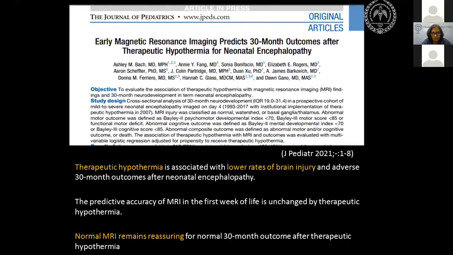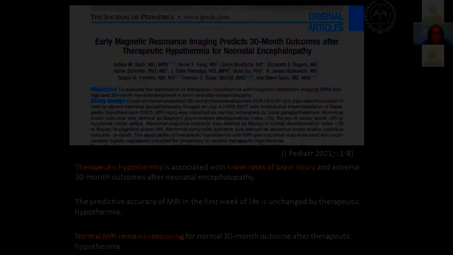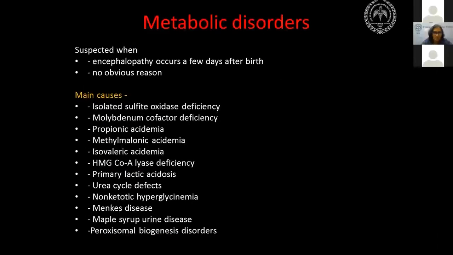Although I feel that we need to go by the clinical presentation, and even though MR findings do not show severe changes, we do need to be cautious when predicting outcomes. So that is about hypoxic ischemic encephalopathy.